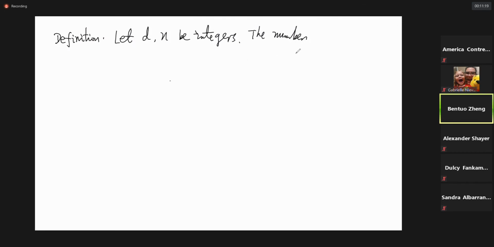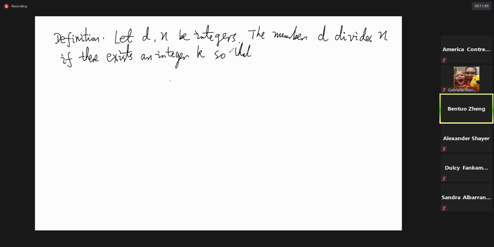The number d divides n if there exists an integer k so that n is equal to d times k.